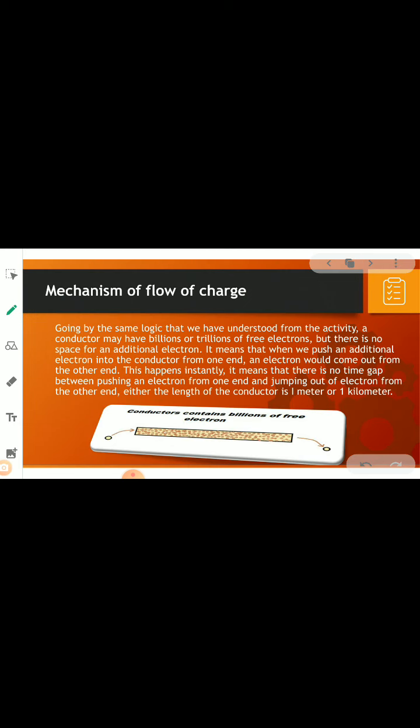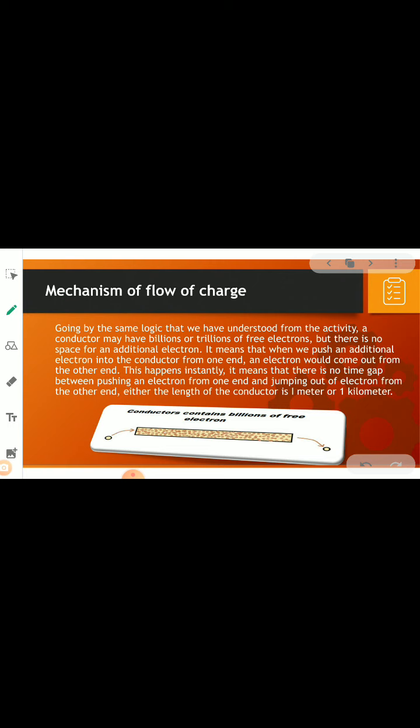The flow of charges takes place in the same way in the conductor. So, the mechanism of flow of charge: going through the same logic which you understood in the last activity, the conductor may have billions or trillions of free electrons, but there is no space for an additional electron. The number of electrons present in the conductor remains the same.